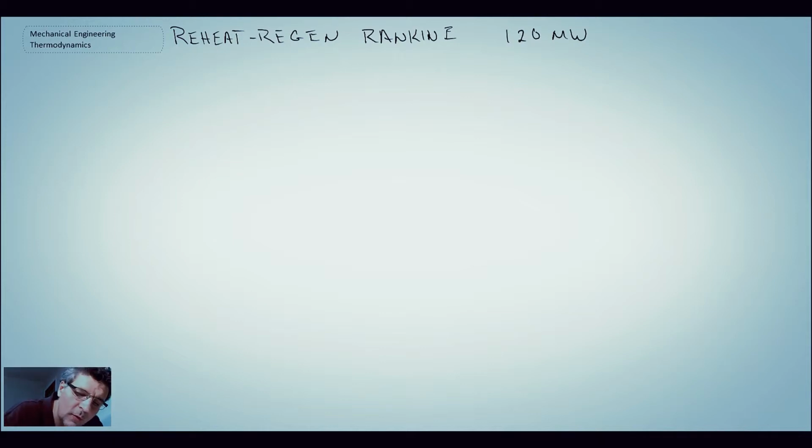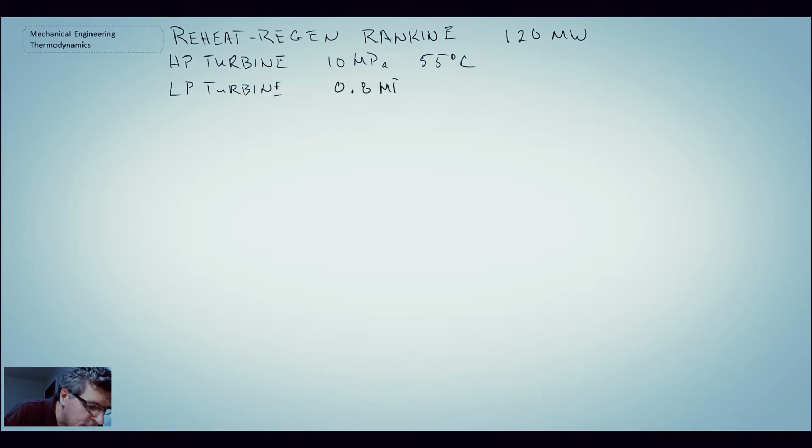For the high pressure turbine, steam comes in at 10 MPa and 550 degrees C. The low pressure turbine operates at 0.8 megapascals. There's a mistake there, I apologize: 550 degrees C is the temperature going into the high pressure turbine. And in the low pressure turbine, the steam comes in at 500 degrees Celsius, after a reheat process.